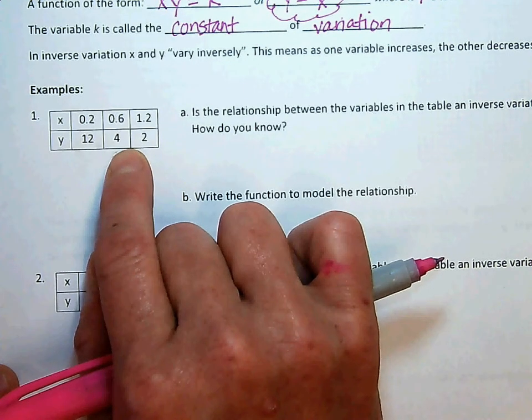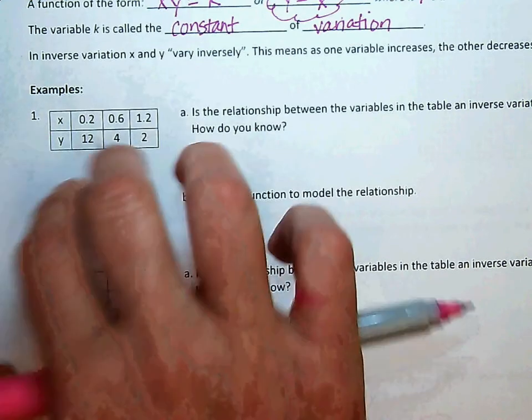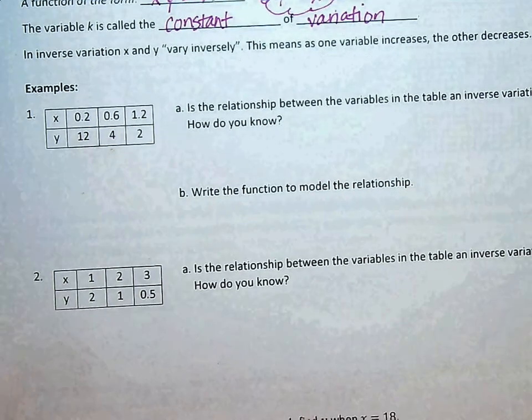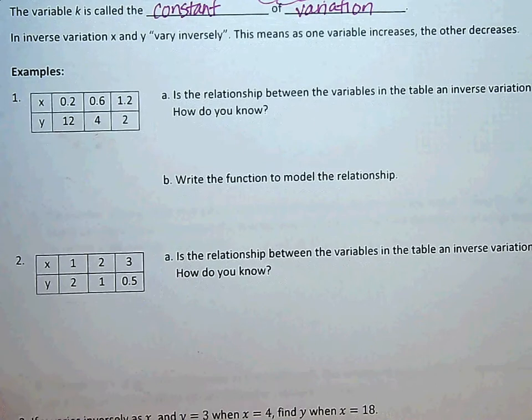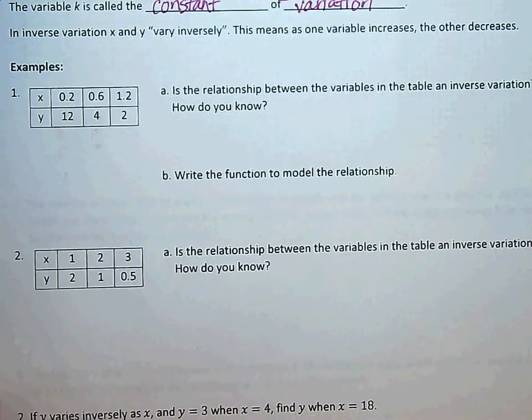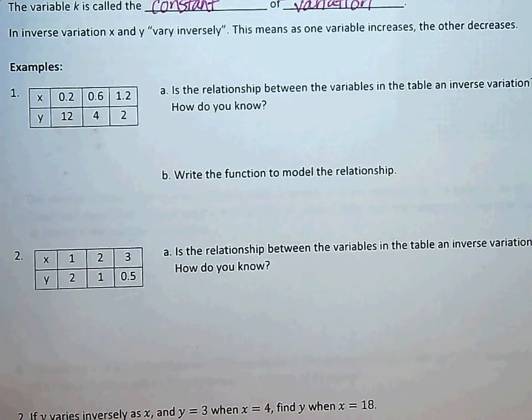Now here's the question. Does that alone make this an inverse? Yes, actually, because one's going up and one's going down. You have to check to see, but yes. You have to check what?